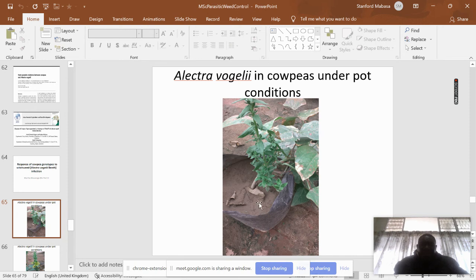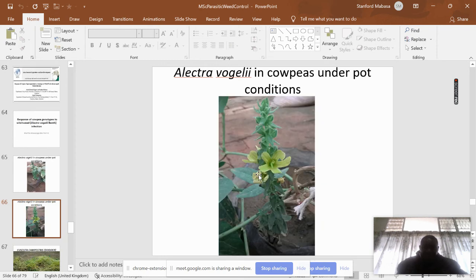It could be the presence of the parasite, Alectra vogelii. This is the Alectra vogelii in polythene bags, which is actually producing some flowers.